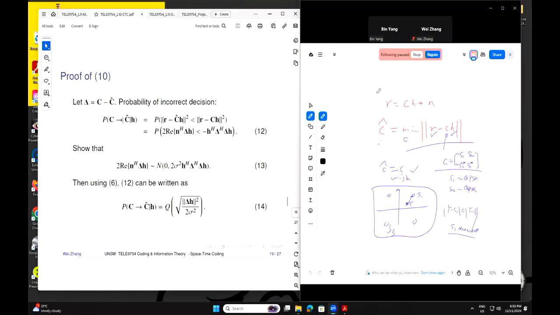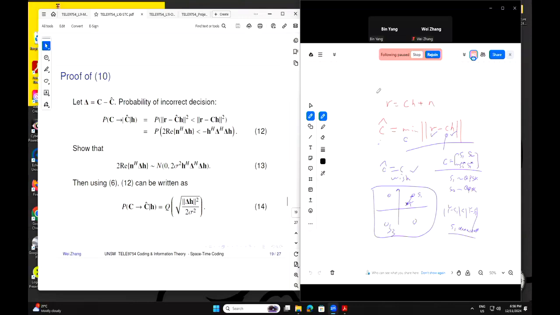So from this example, I just want to explain why you can get a detection error. That happened, although this probability is very, very small, but theoretically it happens. You see Y is far away from S3. Usually when S3 was sent, Y should be around S3, because the noise is not so big. But Y may deviate from S3 by a larger distance if you consider the Gaussian PDF.